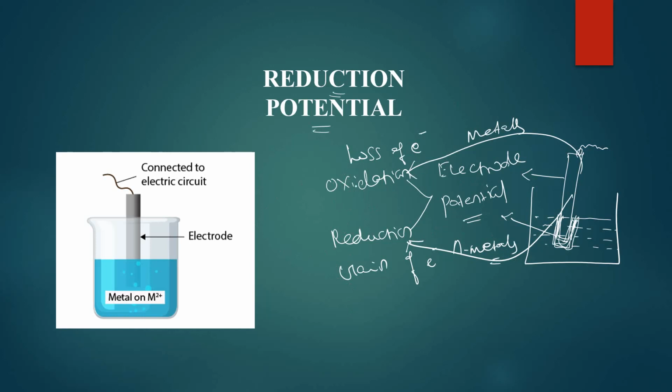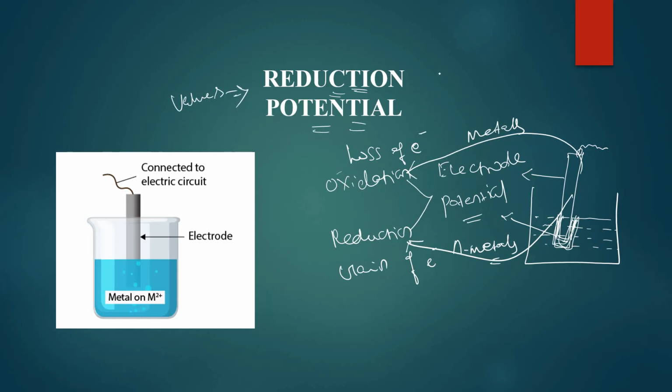The tendency of the electrolyte, whether it undergoes reduction or oxidation, is standardized by a set of values called reduction potential. These values will decide whether it will undergo reduction or not, right?